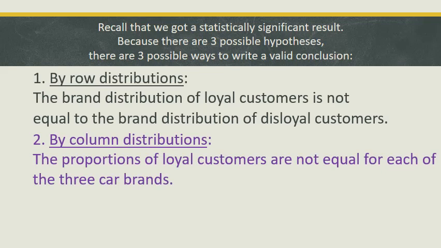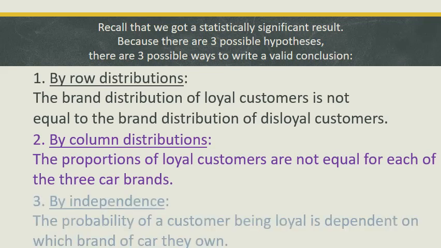If you decide to use column distributions, then you could say something like, the proportions of loyal customers are not all equal between Ford, Honda, and Chevy customers. And finally, if you decide to use independence, then you could say something like, customer loyalty depends on car brand, or vice versa, car brand depends on customer loyalty.